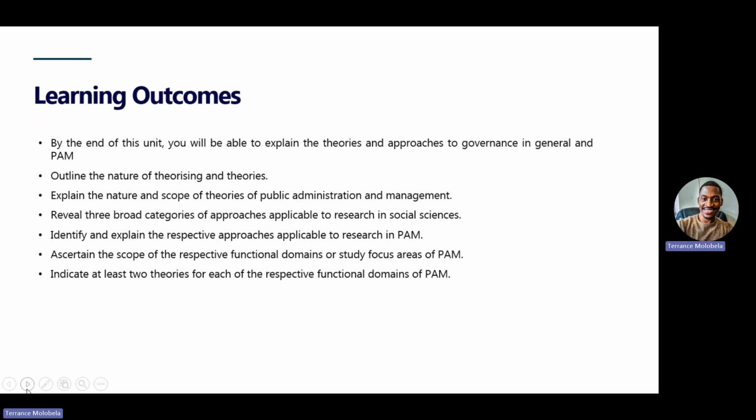Ascertain the scope of the respective functional domains or study focus areas of PAM. Also, you must be able to indicate at least 2 theories for each of the respective functional domains of public administration and management. Very, very important.